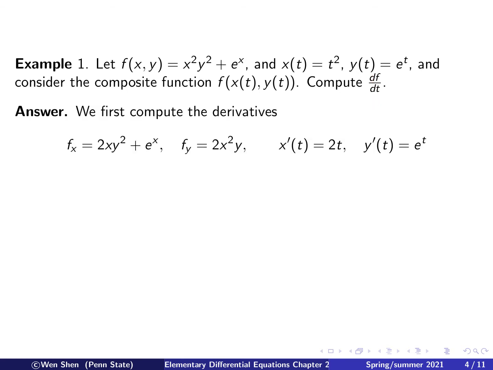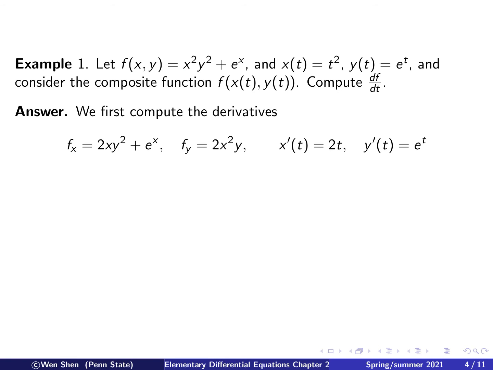Recall the formula on the previous page. We see that we need to compute lots of derivatives before we can put them together. So we need to compute f sub x. How do you differentiate the function f of x and y only in x? Well, you only treat x as a variable, and y will be treated as a constant here.